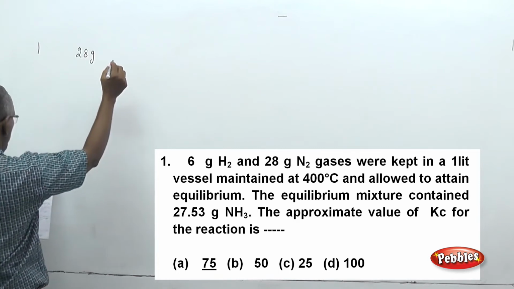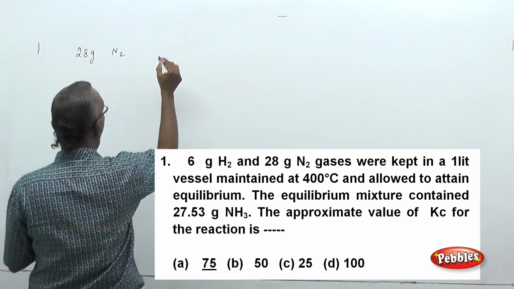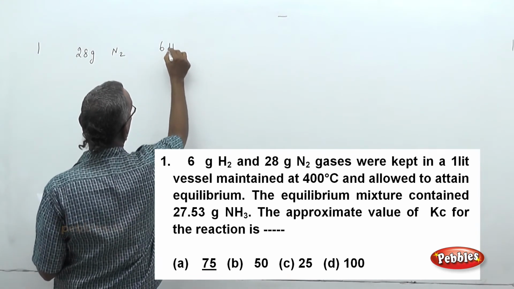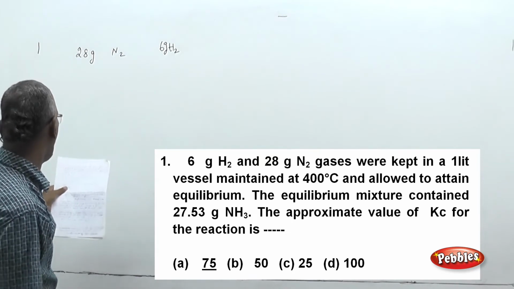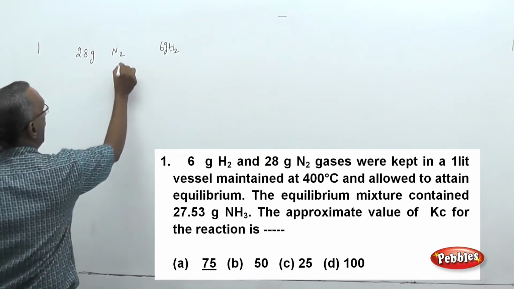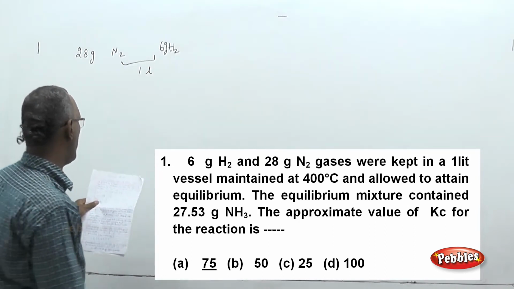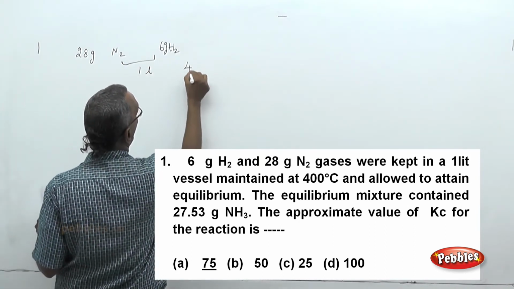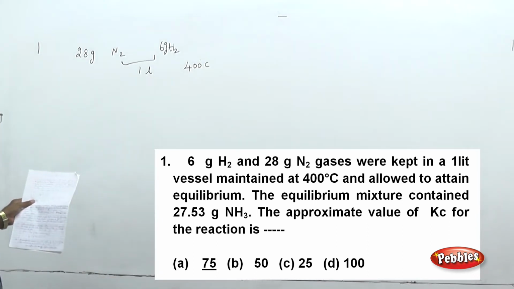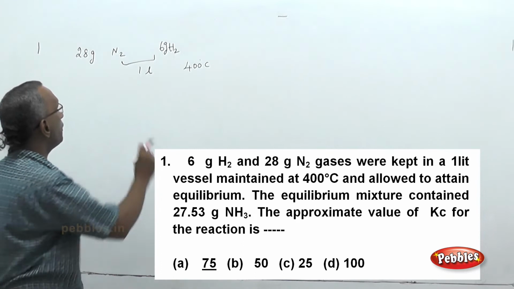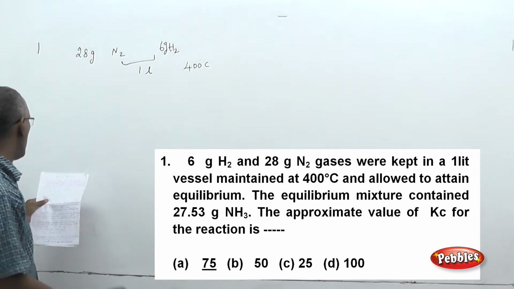28 grams of nitrogen and 6 grams of hydrogen are kept in a 1 liter vessel which is maintained at 400 degrees C. At 400 degrees C, this mixture was allowed to establish equilibrium.